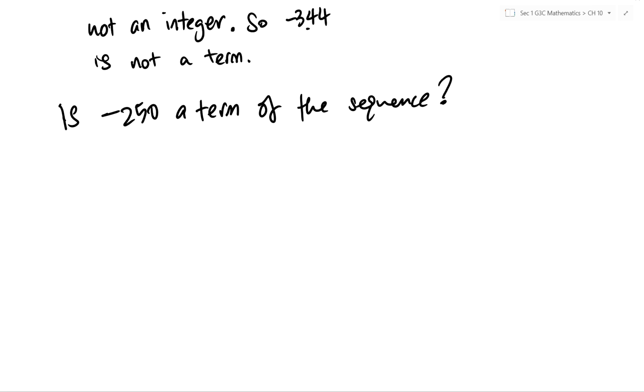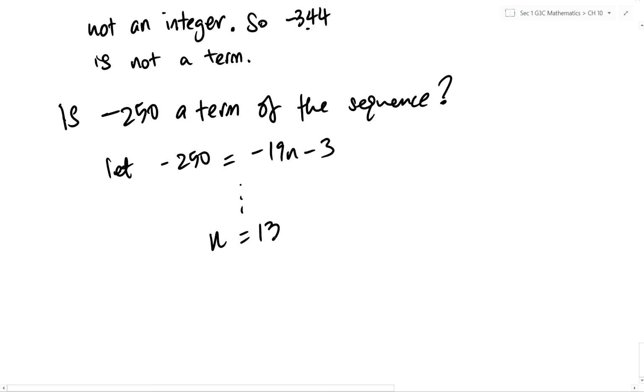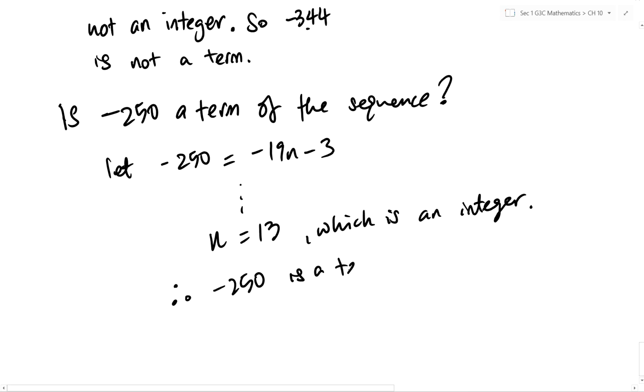So is negative 250 a term? Yes. We can confirm it by saying let negative 250 be equal to negative 19n minus 3, and then we work it out the same way. We find that n is equal to 13, which is an integer. So negative 250 is a term of the sequence.